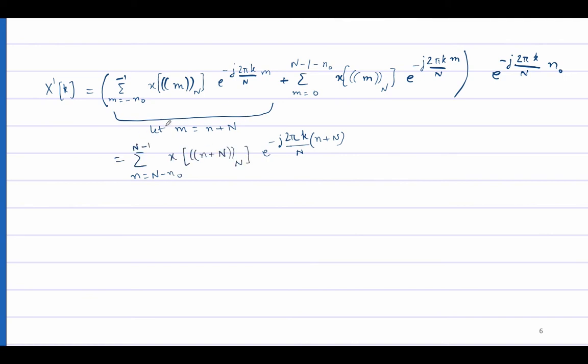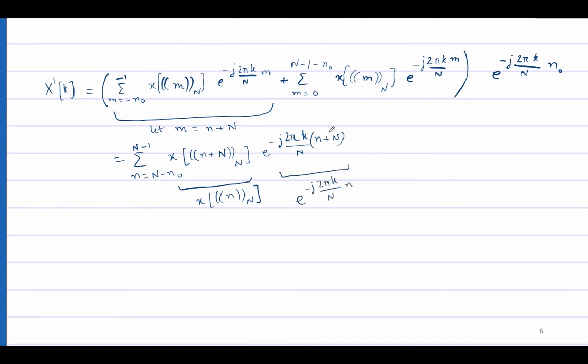So this term becomes, now m goes from N minus n naught to N minus 1, and x of this thing, and e to the power this thing. Now you look at this term, this is the same as x of n, because the modulo capital N will take it away, nothing will remain. Look at the second term now.